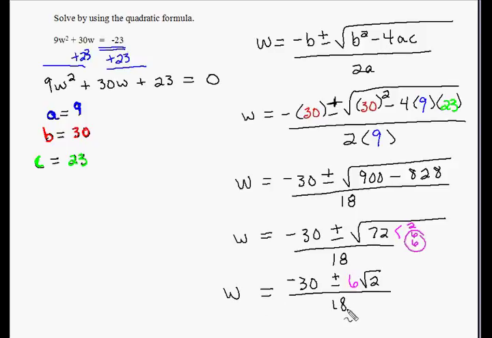Okay, so here's where things get a little tricky. Breaking down the radical is a little straightforward, but reducing this fraction is a little more complicated because of this addition and subtraction sign. You don't just get to reduce the 6 and the 18. So what you need to do is factor out what's common. And looking at negative 30 and 6, what's common to these two numbers is 6.